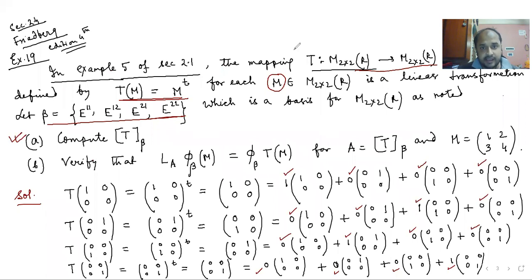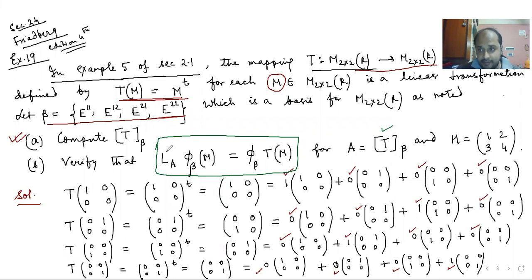Verify that this is true. Now, if you have understood the definitions of LA, phi beta, etc., then you are going to understand everything. My capital A is actually this matrix.